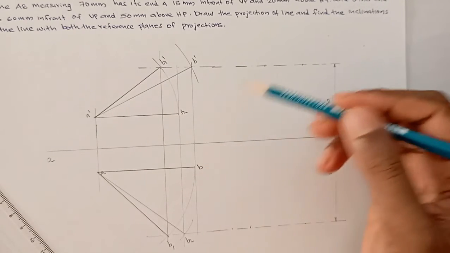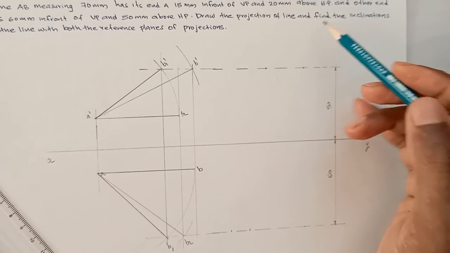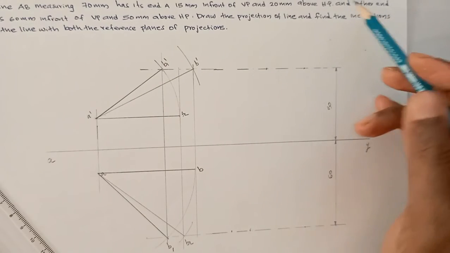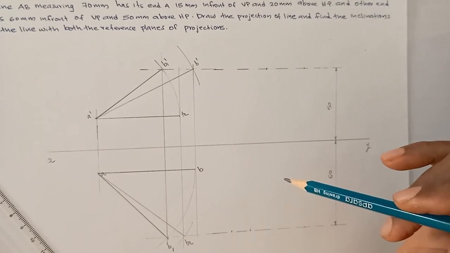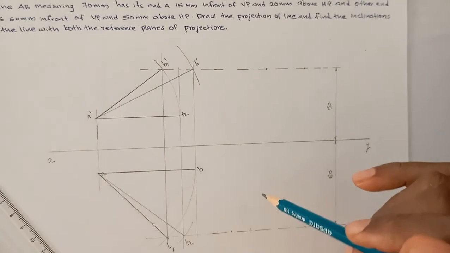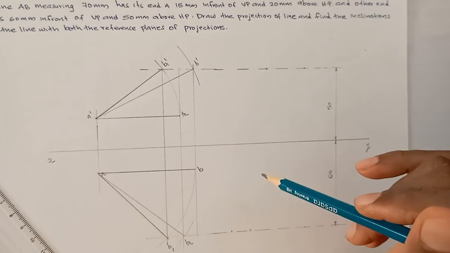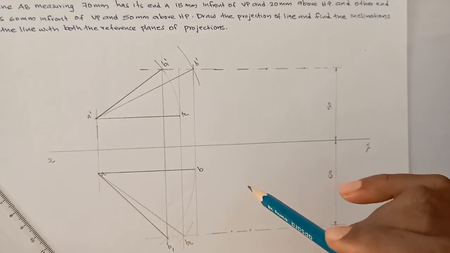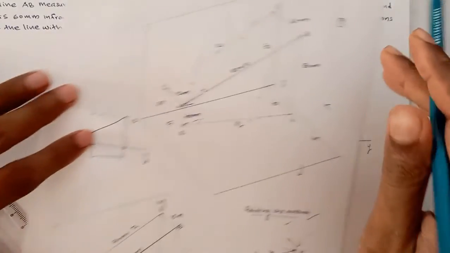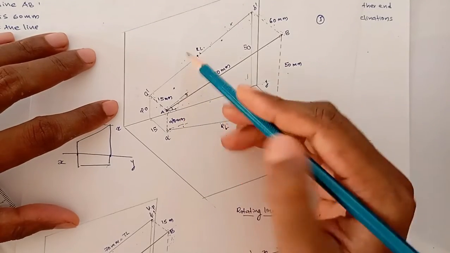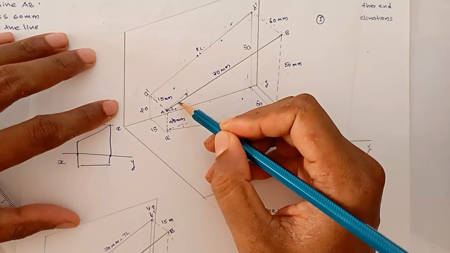And in the next part of the question, it's asking us to find the inclination of the line with both the reference planes. What is the inclination of the line with reference plane? That means HP and VP. See, listen carefully. This is the angle.